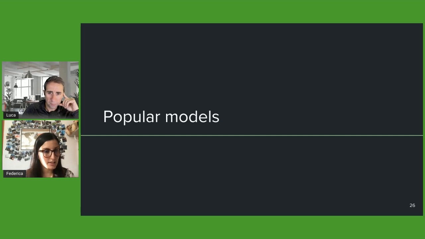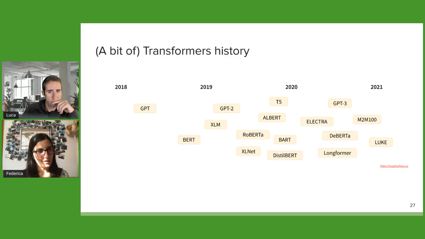And then, yes, here I have a little history of the architectures that were proposed, because this is quite a complex architecture. As I said before, we usually use pre-trained models, and there are lots of them, depending on the task.